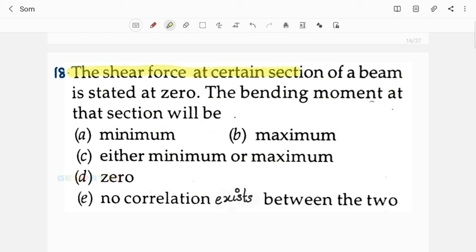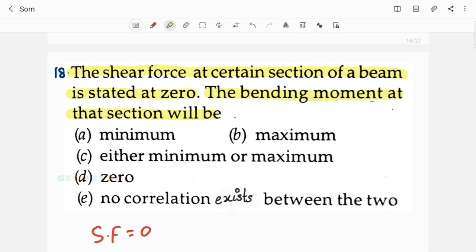The shear force at a certain section of the beam is stated 0. That means shear force at a particular section equals 0. The bending moment at that section will be, remember my dear friends, the bending moment may be either minimum or maximum in a section where the shear force is 0.